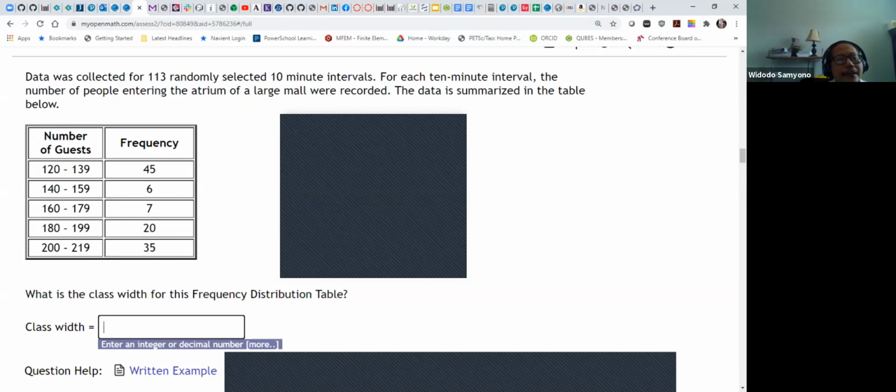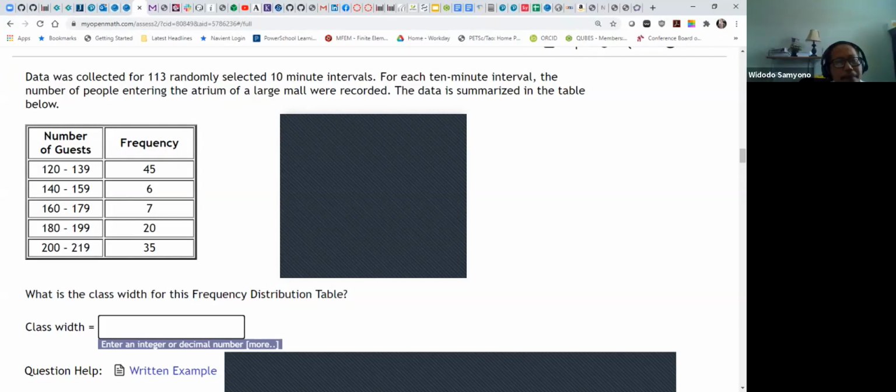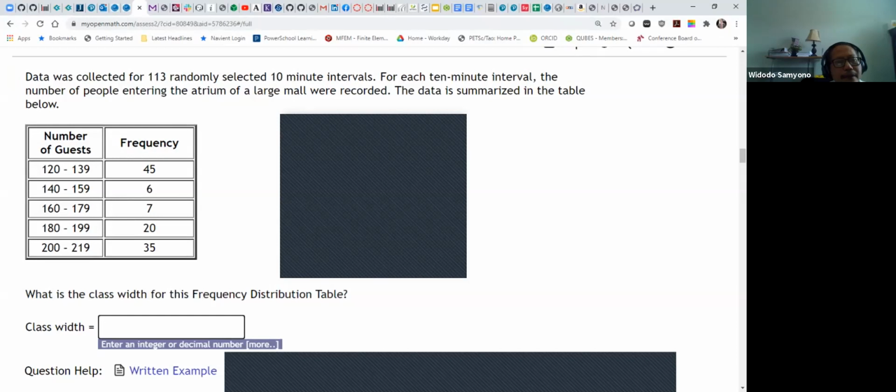Okay, see here, the difference between these two is what? You need to subtract this one with this one, right? The frequencies? No, you're looking for the class weight here. Oh, okay. So the class weight is the difference between these two, and these two, and these two.